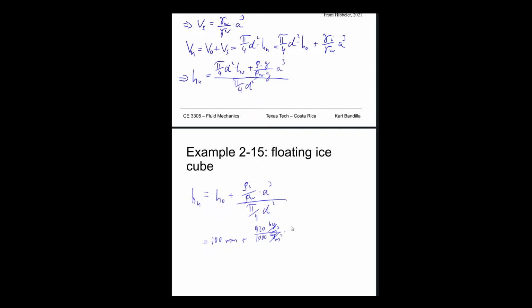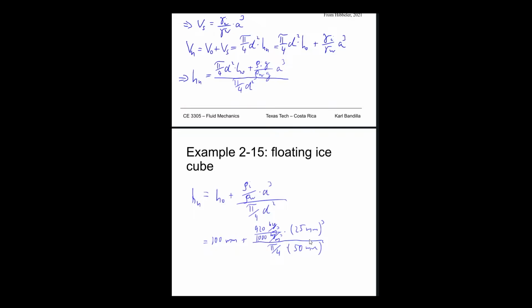The cube length is 25 millimeters to the third power. And all of that divided by pi over 4 times the diameter, 50 millimeters squared.